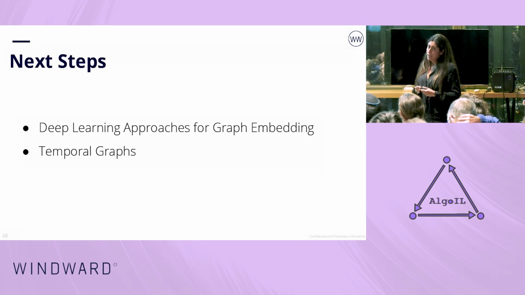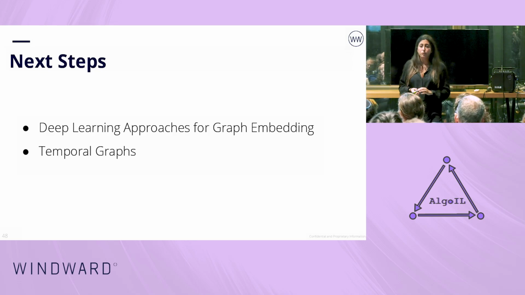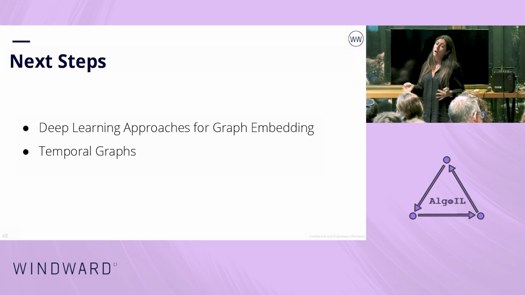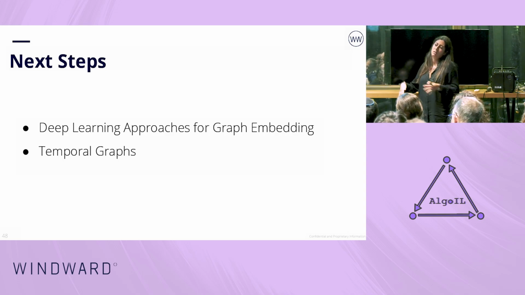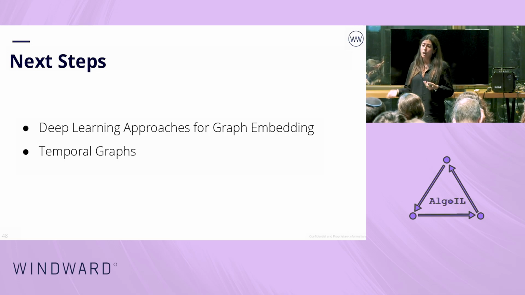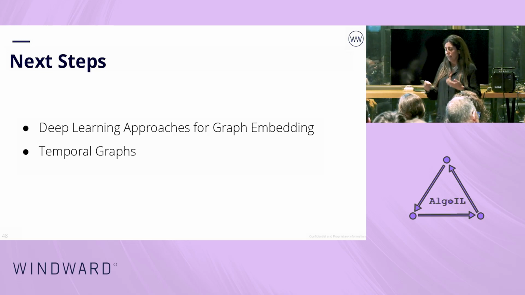So we have some next steps. We want to look at deep learning approaches for graph embeddings. And also, all the graphs that I've been mentioning until now are screenshots of a certain date, the graph as of this date. We definitely want to look at what we call temporal graphs, to be able to see how edges appear and disappear within your graph and how basically you can get value from this time feature.